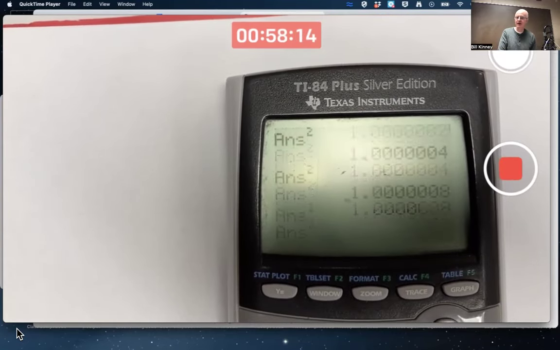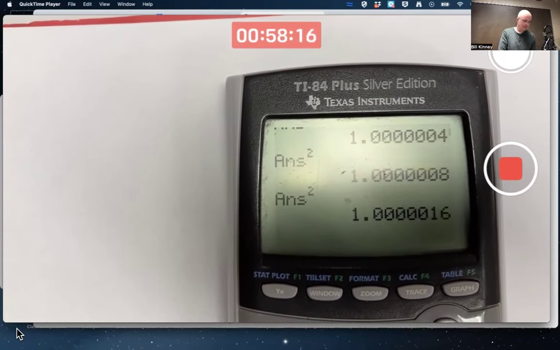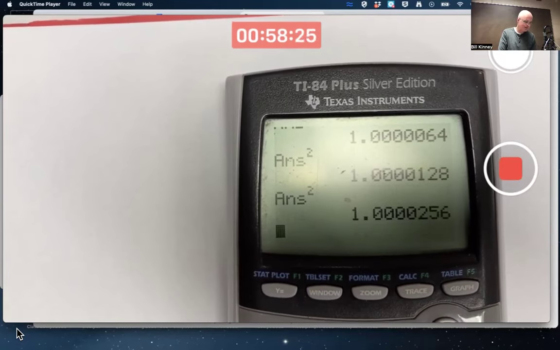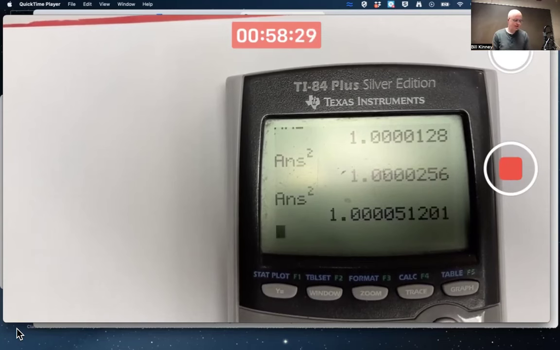But as you continue squaring, continue hitting enter, you do eventually get to the point where you can see the lack of doubling. I've got to keep going. There we go. The 256 did not become a 512, it became a 512.01, so to speak.